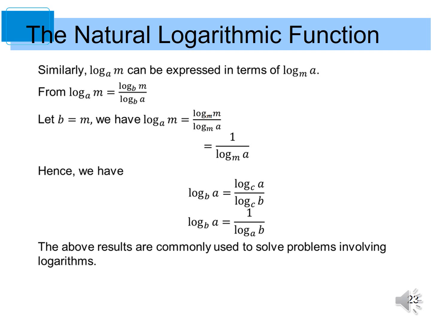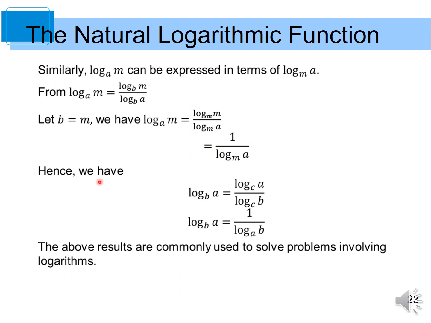For another rule, we base on the previous rule. We let b equal to m. So the b here can be written as m, and the b here is also replaced by m. So the log of m to the base m is 1 over log of a to the base m.